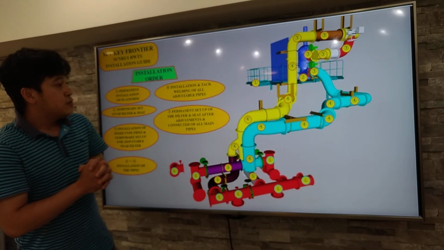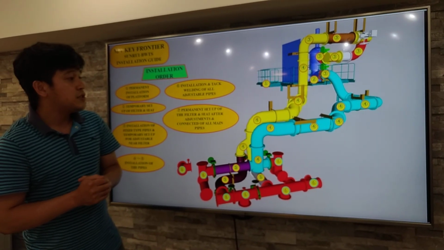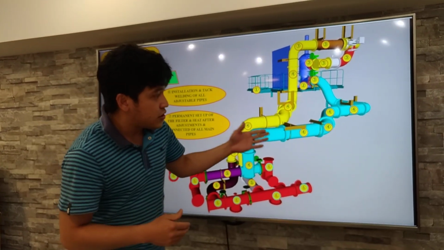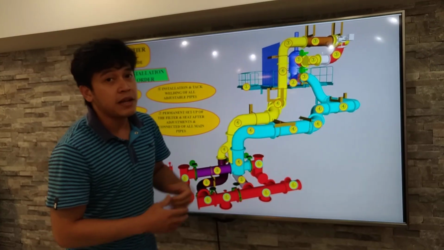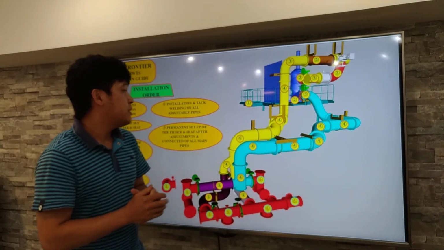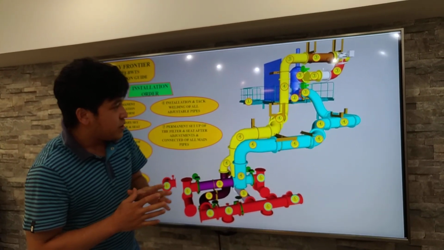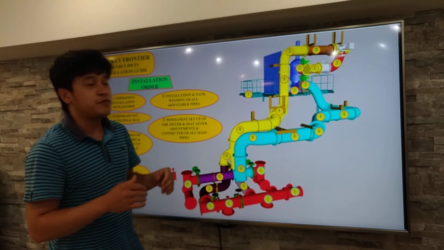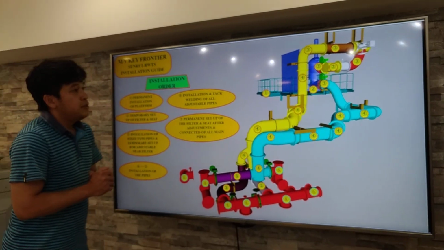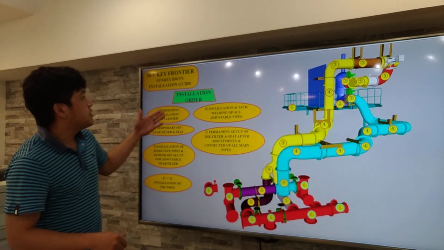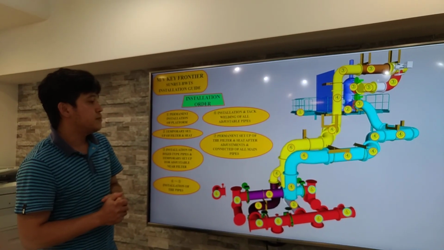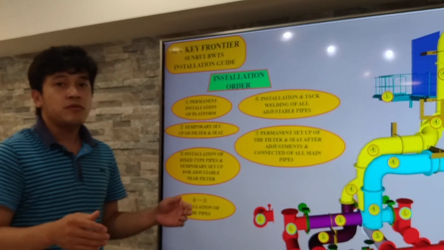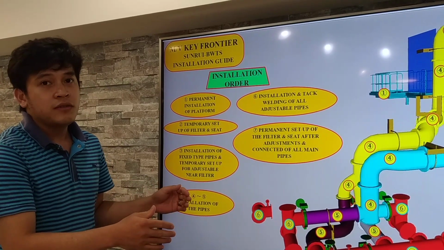In order to avoid misinstallation when installing the main pipeline, which is a very complicated line because it is a retrofit, to avoid those problems, we have this installation order. And it will depend on how this retrofit was designed.